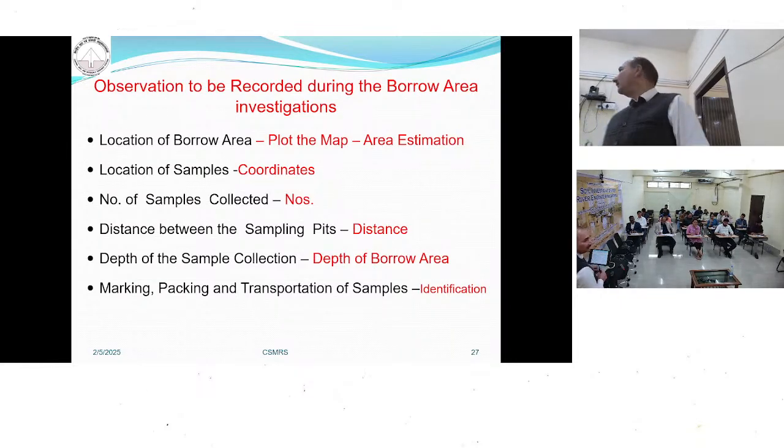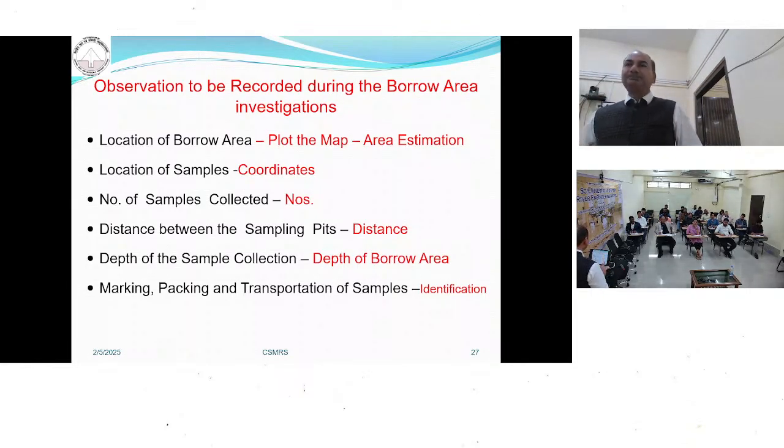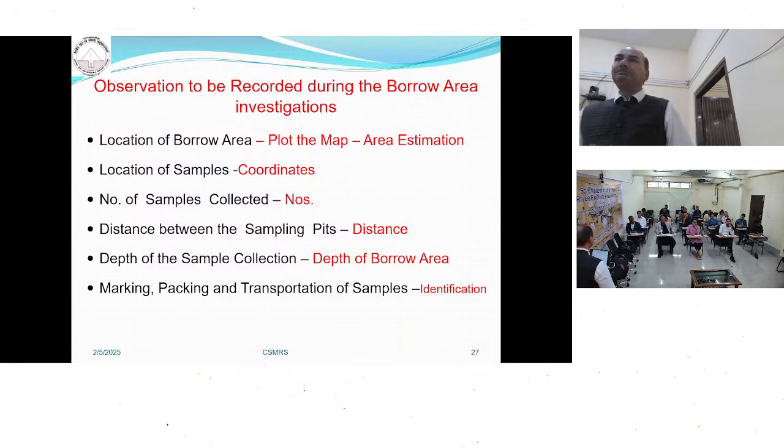So for that, first thing, mark the borrow area on the map. If a map is not available, do the survey and prepare the map. In each map, mark the location of the trial pits from which you have collected the samples. Why is it required? Suppose in a borrow area you have collected 12 samples.